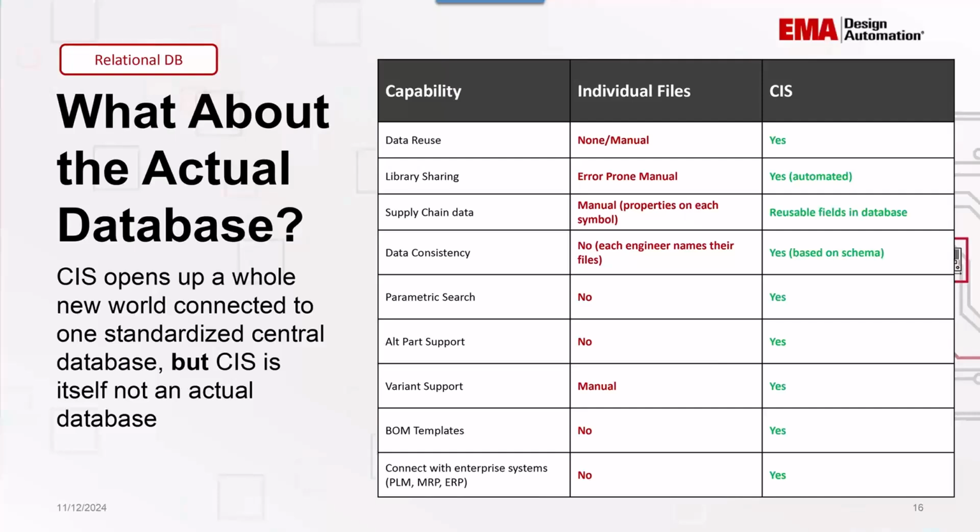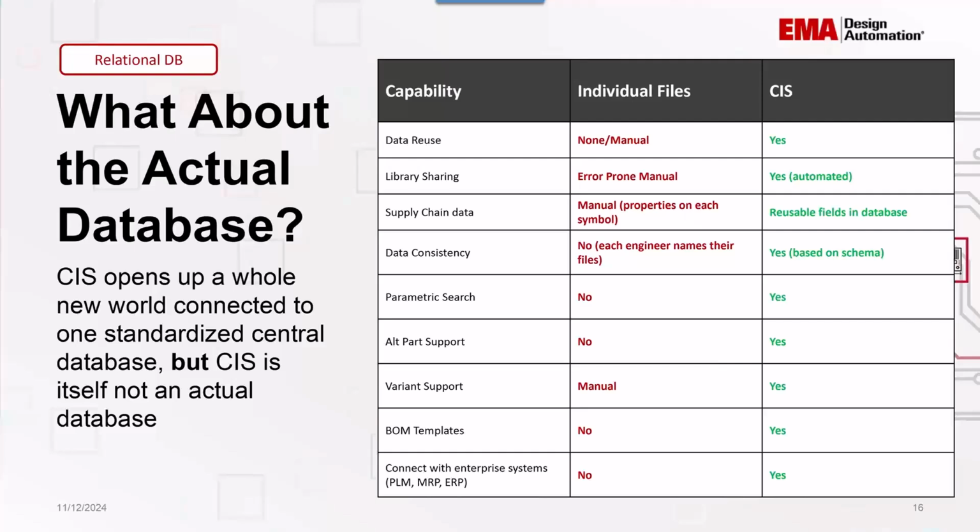Some people might call it MPN, some people might call it manufacturer part number. That will lead to different outputs and different BOMs, right? You can't search by parametrics, you can't have multiple symbols you can pick for one part. You can't do variants in the same design. You can't have BOM templates, nor can you pull data from an enterprise system into your CAD libraries.